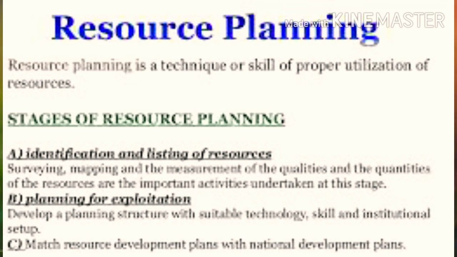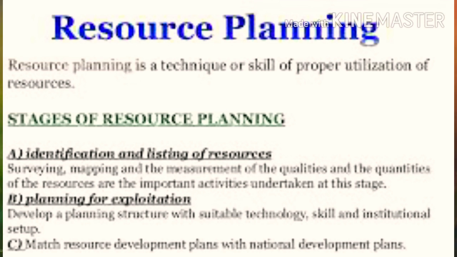So what do we include in the first phase? This resource inventory or identification and inventory of resources involves surveying, mapping, and quantitative and qualitative estimation and measurement of the resources across the country.